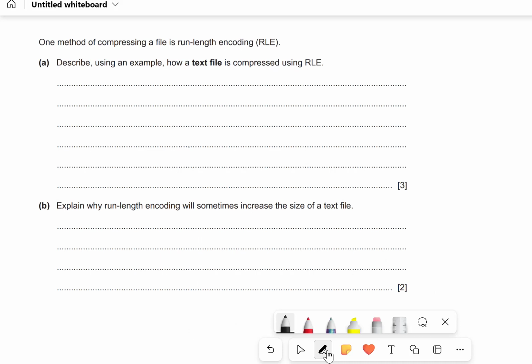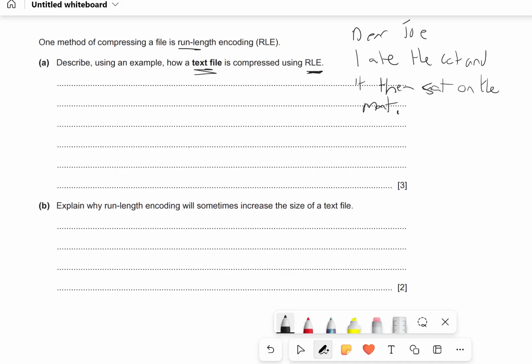Okay, so this is looking at run-length encoding. Text file. So we know that text files are like anything with words in them, like a letter, like a story, like what you do in Microsoft Word. So it could be like, Dear Joe, I ate the cat and it then sat on the mat.